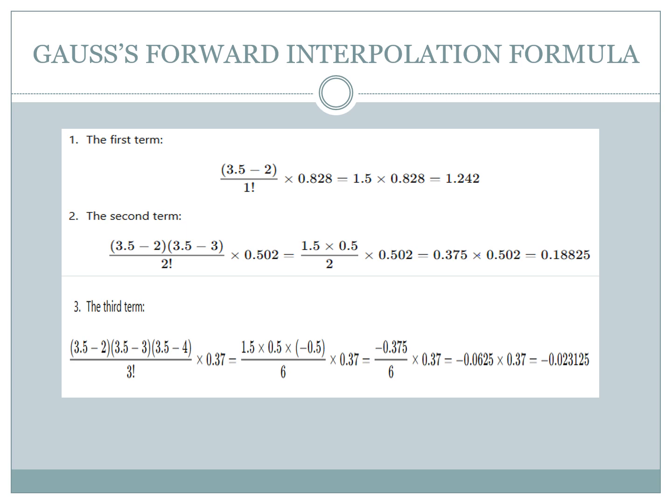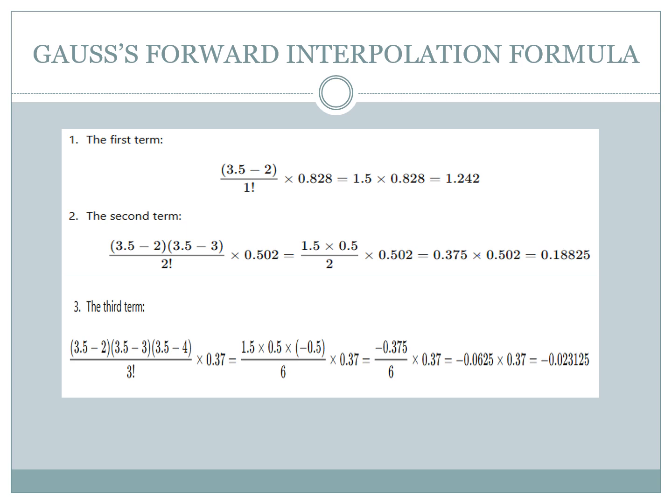Just to simplify the second term, 3.5 minus 2 into 3.5 minus 3 divided by 2 factorial into 0.502 equal to 1.5, that is 3.5 minus 2 equal to 1.5, and 3.5 minus 3 equal to 0.5 divided by 2 into 0.502. Just simplifying this one, we get 0.375 into 0.502.